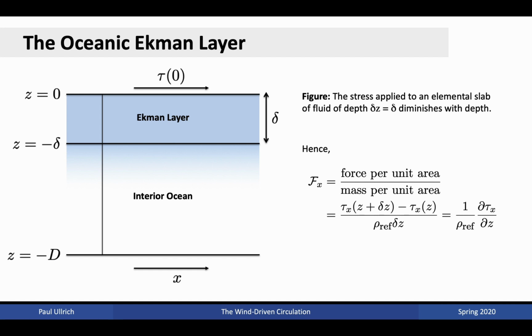To calculate the total force applied, we calculate force per unit area divided by mass per unit area, by taking the difference between the incurred stress at the top of the layer minus the incurred stress at the bottom, and dividing that by rho reference times delta z. We get a formula for the frictional force induced as 1 over rho reference times d tau dz. A similar formula applies in the y direction.